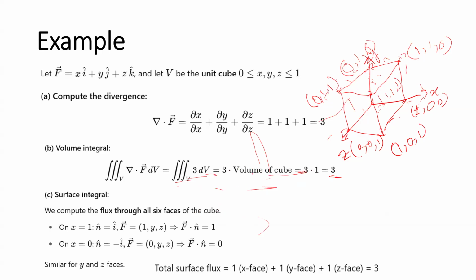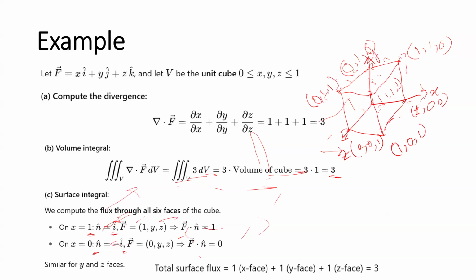If we want to compute the surface integral, we compute the flux through all 6 faces of the cube, both positive and negative. For x, it is taken first as 1, then as 0, with normal n equal to plus i and minus i.